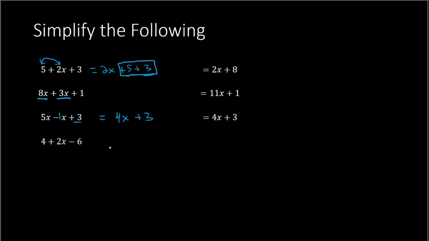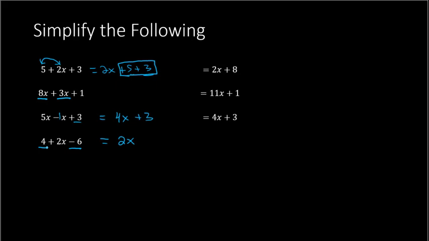Next example, we have 4 plus 2x minus 6. Okay, so when you look at this, you can combine like terms. What are like terms would be the 4 and the minus 6. The 2x would be by itself. Okay, the 2x does not combine with anything, but you can combine the 4 minus the 6.